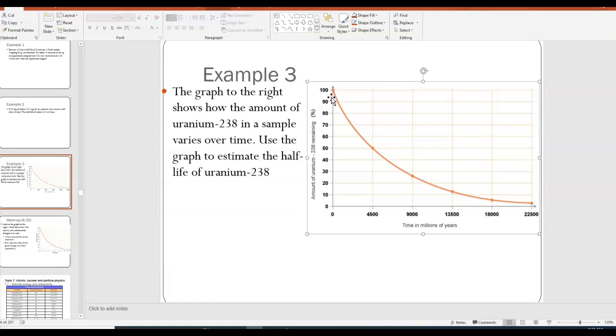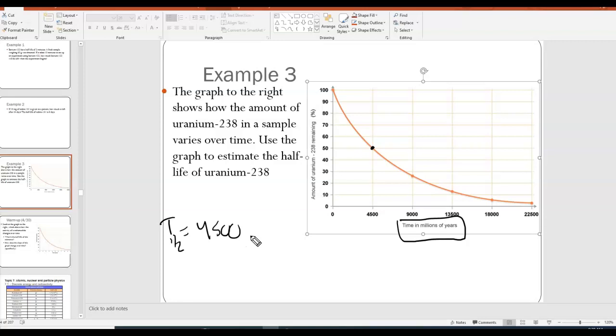Okay, so by definition, the half-life is the time it takes for the amount to decrease by half. So the time it takes to go from 100% to 50% right here, we can see right off the bat that's going to be T1/2 equals 4,500. But if you look at the units down here, this is time in millions of years.